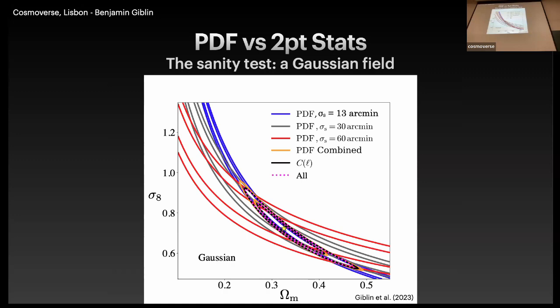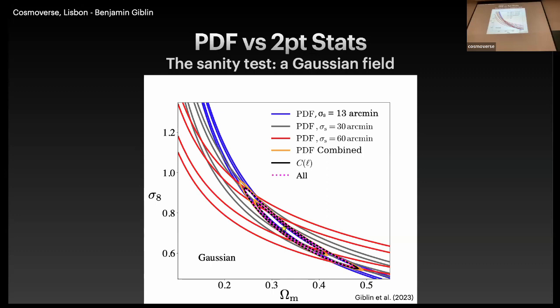And what you see is you get this rotation, so you get a breaking in the degeneracy on these parameters, such that when you combine those 3 things, you get an orange contour which lies just here. So it's much tighter, and that is telling you that there is information on these different scales that these maps smoothed with different kernels can extract.